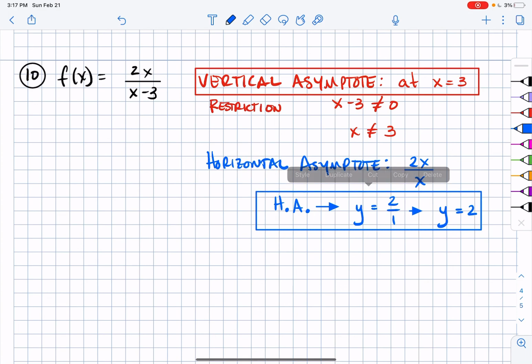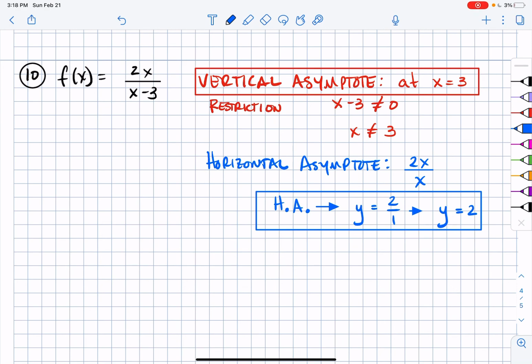Those two are really important. Those are my dotted lines. I can't cross the vertical asymptote, but the graph can cross the horizontal asymptote, though it can't keep on crossing it. You're going to eventually see it stop touching it.